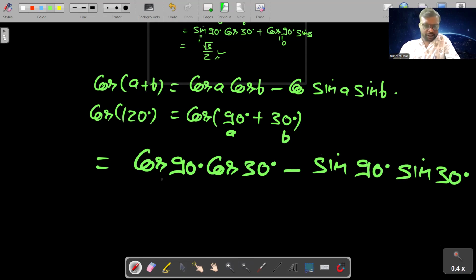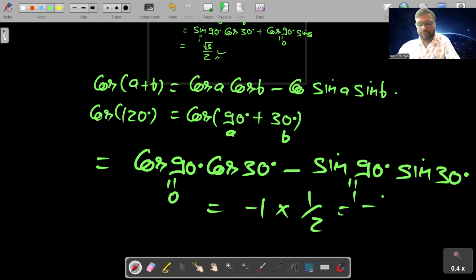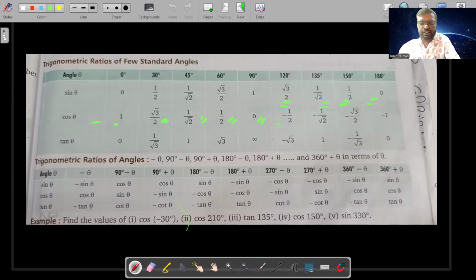Students, this part is 0 because cos 90 is 0. Here sine 90 is 1. So here we will get minus 1 into sine 30 degree, which is half. So here it will be minus half. So you can easily calculate this value, that is, cos 120 degree as minus 1 upon 2.